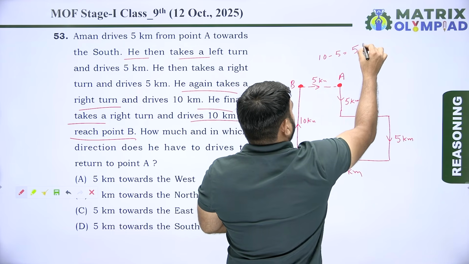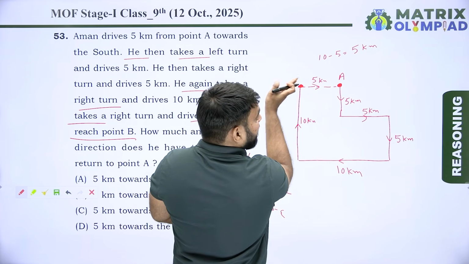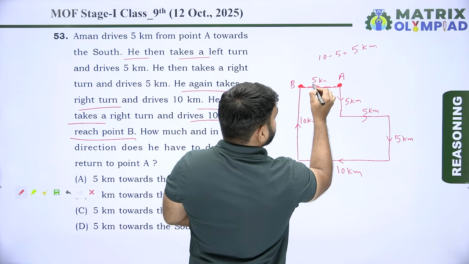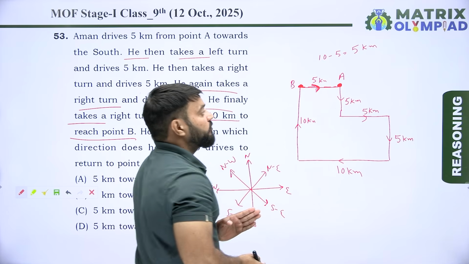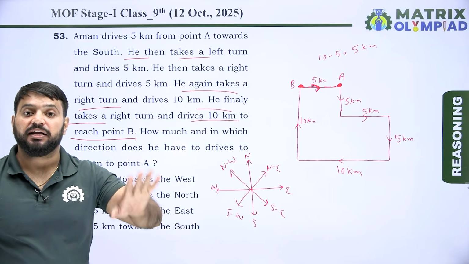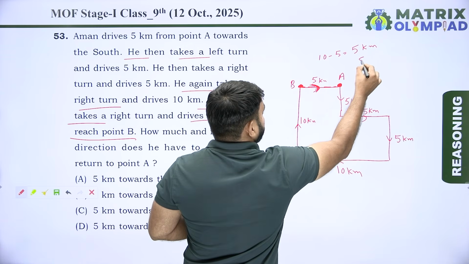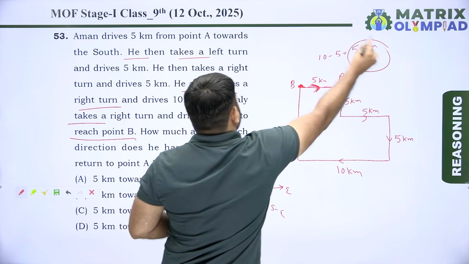If Aman drives 5 kilometers towards the east direction, because this is the east direction, then he will reach point A again. So 5 kilometers east is the correct answer of this question.